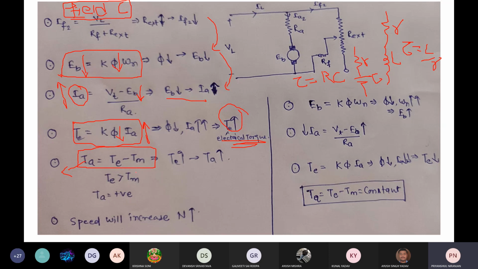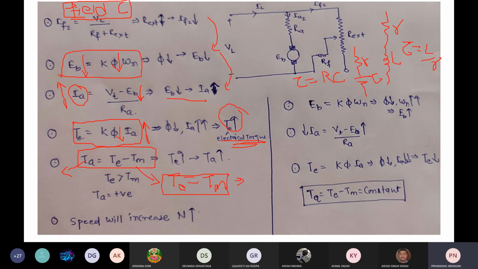So when we start any motor, the machine will work to achieve the rated value. Any machine achieves the rated value at TE equal to TM. When both torques are equal, then speed will be constant, meaning it achieves the rated value.